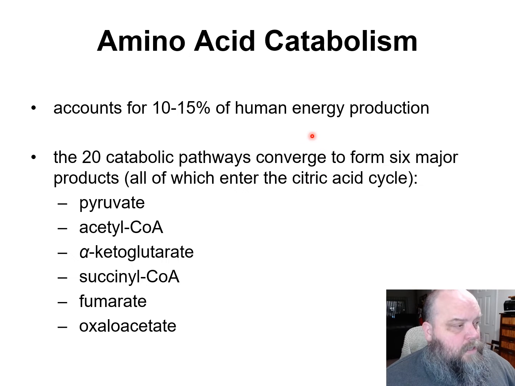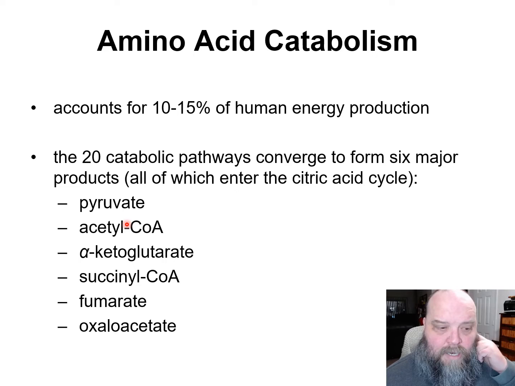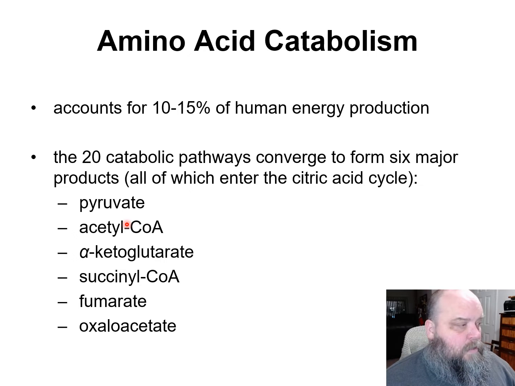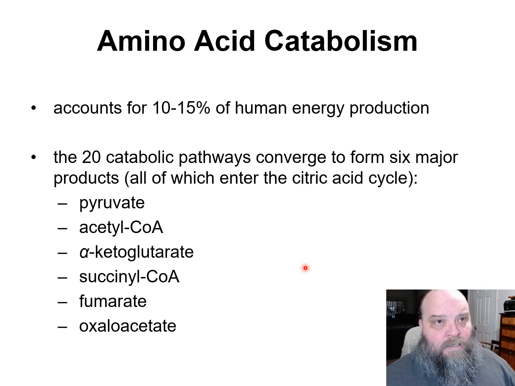What we do know is when it comes to amino acid catabolism, you're looking at about 20 different catabolic pathways, all converging. Because think about it, in the past 5 chapters we've talked about all these different pathways, and 6 names keep coming up: pyruvate, acetyl-CoA, alpha-ketoglutarate, succinyl-CoA, fumarate, oxaloacetate.